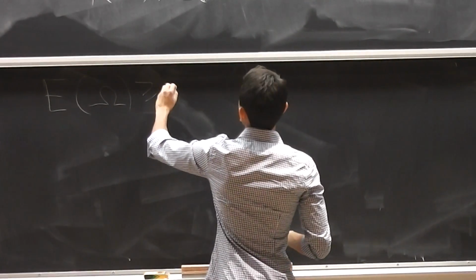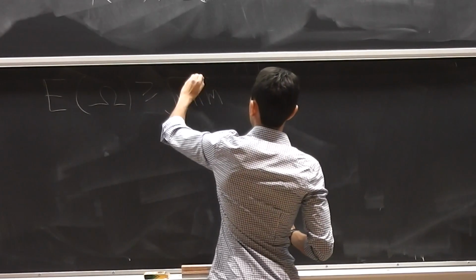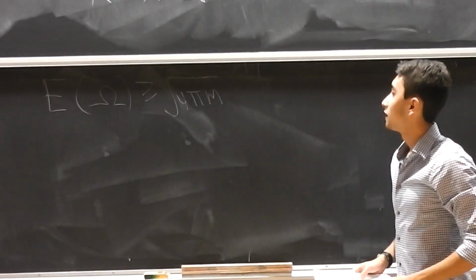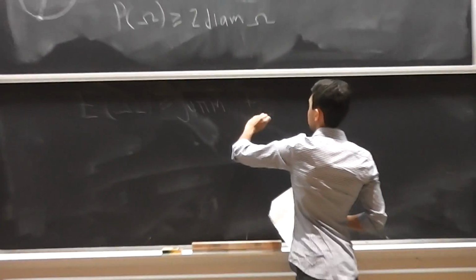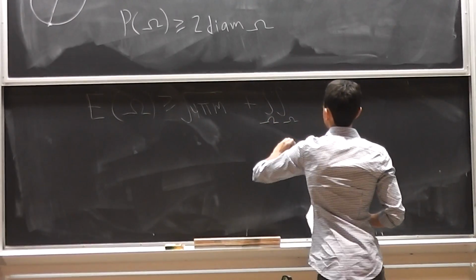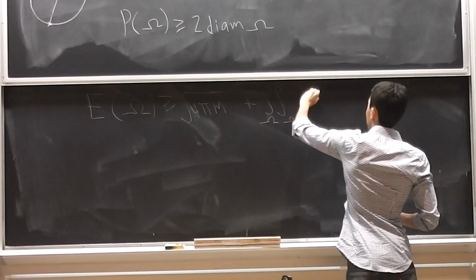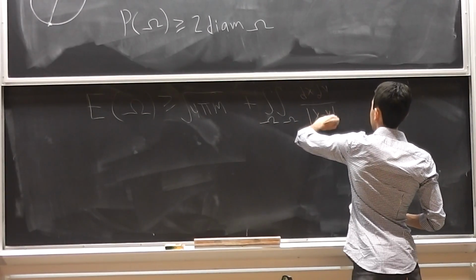So it's going to be greater than or equal to the square root of 4 pi m. Okay, and now, how do we bound the other part? Remember, the other part was the integral of dx dy over |x minus y| to the alpha.